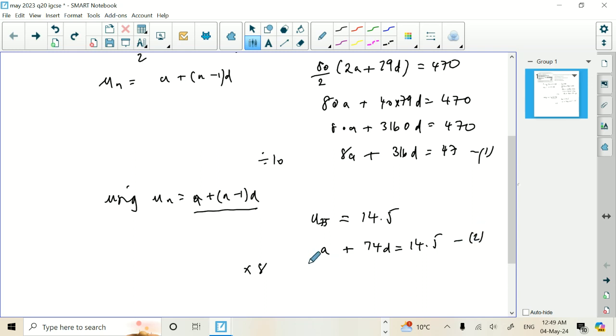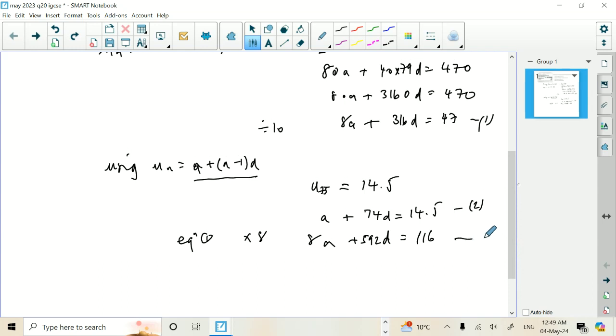So multiply equation 1 by 8, I'm going to get 8a plus 592d is equal to, what's 14.5 times 8, which is 116. And that's my equation 2.